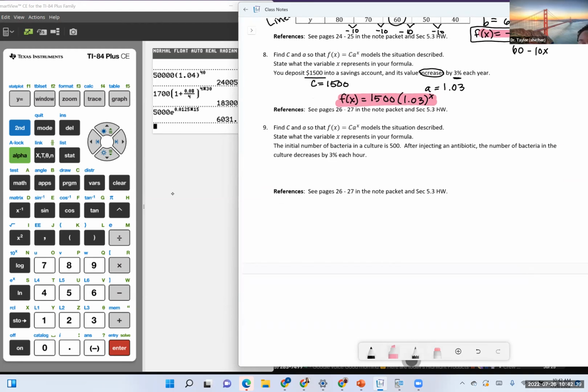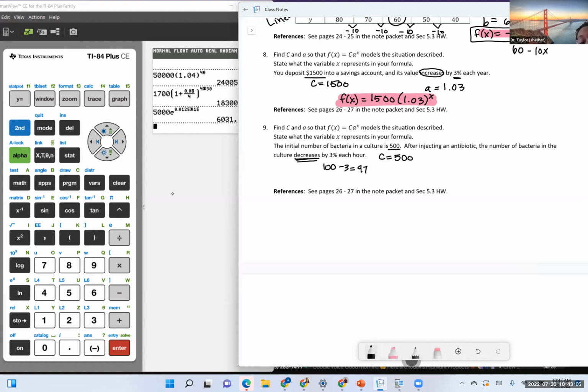Okay, and the last one says we have an initial number of bacteria 500, so C equals 500. After injecting an antibiotic, the number of bacteria in the culture decreases by 3%. So we're going to be at 100 minus 3, which is 97% rate of change.